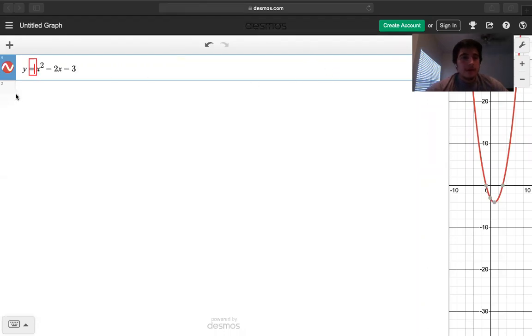Because I have a 1, it's positive, so we can say A equals 1, and because A is positive, the parabola opens up. That's what the A tells us.